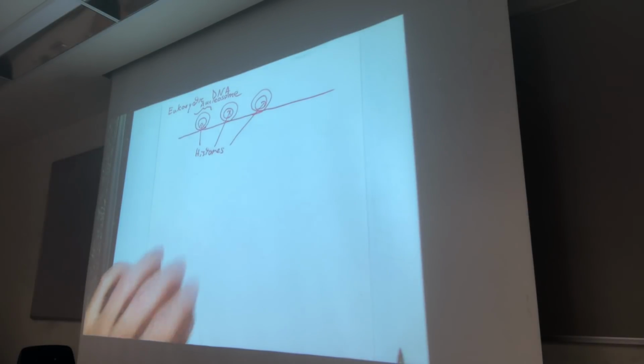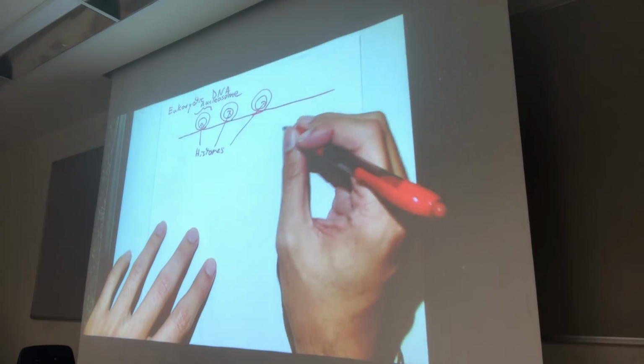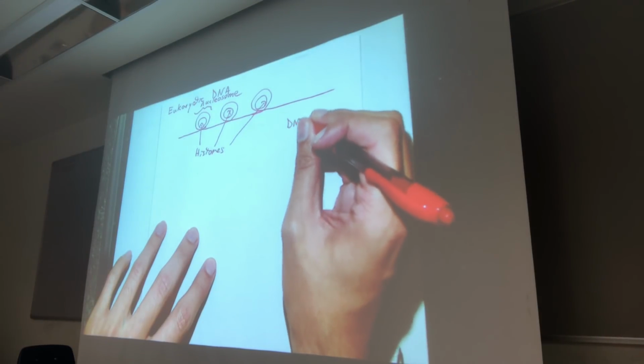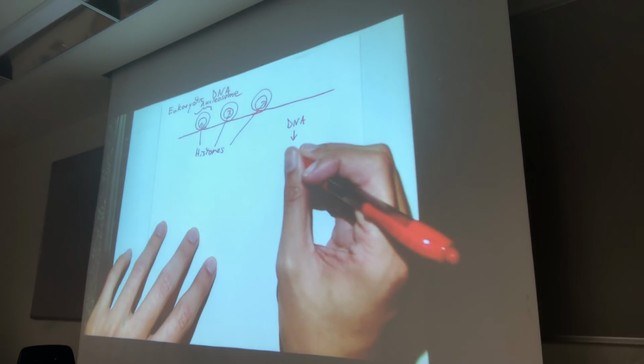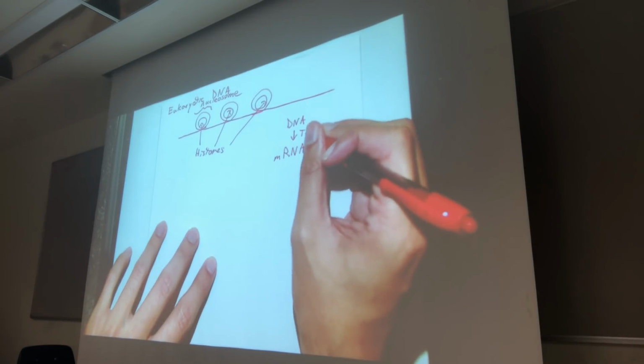All right. Now, we know according to the central dogma that the way genes are expressed is that you have a gene in DNA that needs to be transcribed into mRNA.